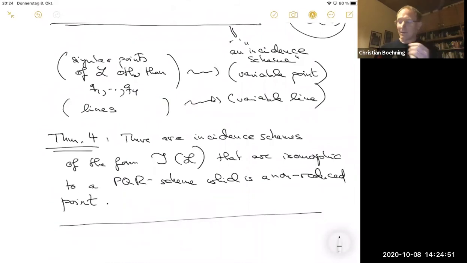And similarly for points. You can use this then to construct an incidence scheme of this form, isomorphic to a PQR scheme, which is a non-reduced point.